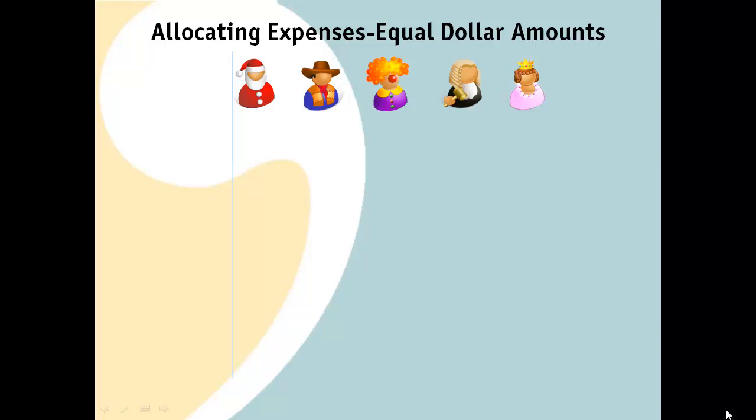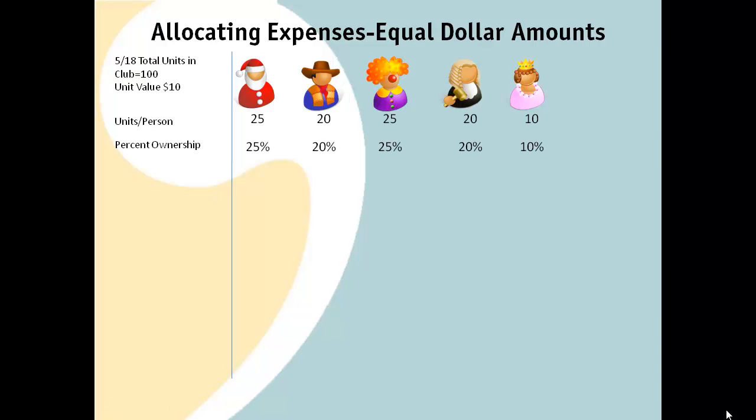Here's an example. Suppose on May 18th you had 100 units in your club and each one was worth $10. So each member owned this many shares and therefore had this percentage of ownership. Suppose you had a deductible expense of $100 and you wanted each person to be allocated $20 of the expense.